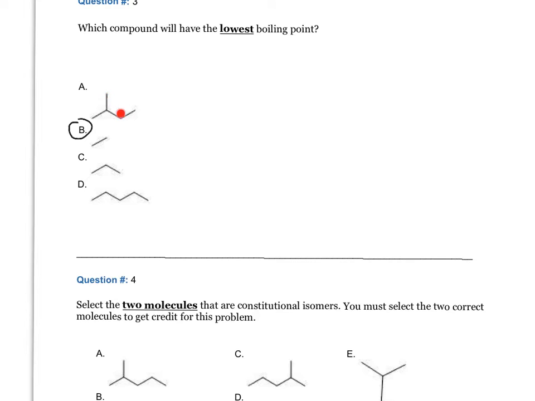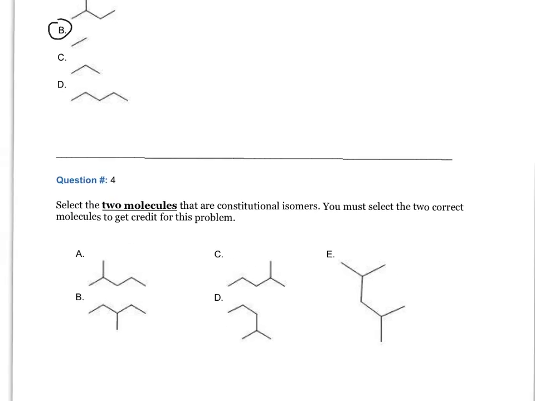If you were comparing A and D, they have the same number of carbons, but A would have a lower boiling point because there's less surface area. Less of it's exposed, so more of the molecule is open.